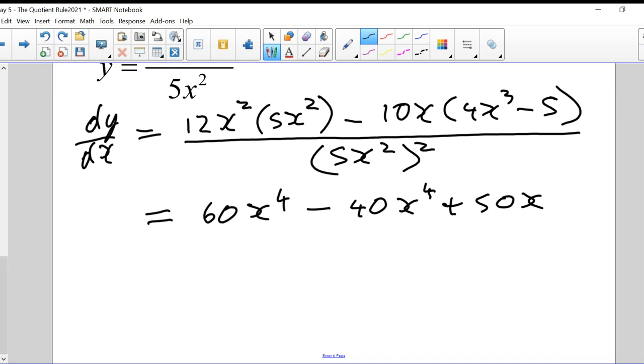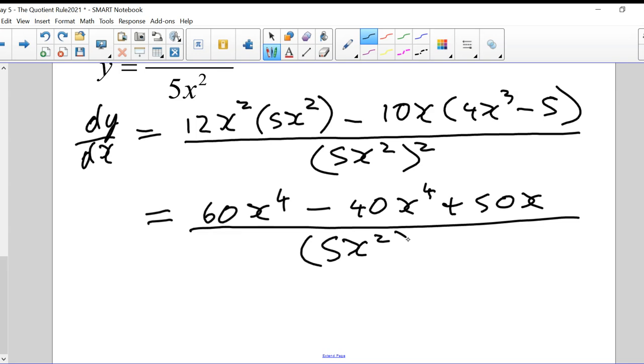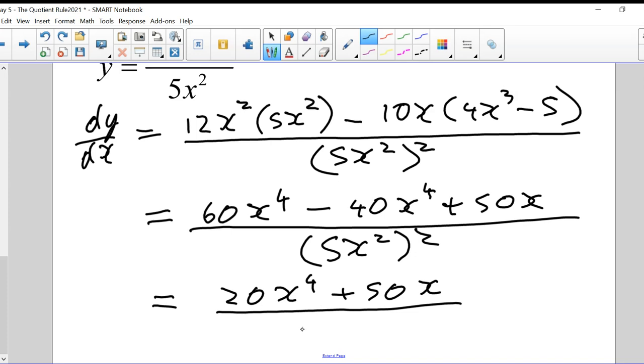So minus 40x4 plus 50x, okay, all over 5x squared squared. Okay. Let's simplify the top. So I'm getting 20x4 plus 50x. Okay, let's just make sure that's 20x4 plus 50x, all divided by, I'm going to multiply this out now.